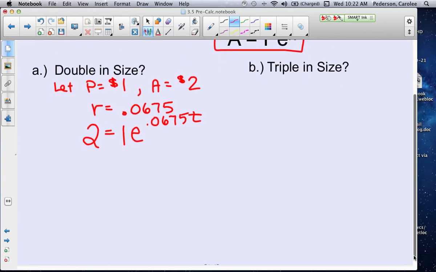Now we take that exponential equation and we solve it for what variable? T. Think back to the section we just did, 3.4. How do we solve that equation? What do we move first? Divide by 1.